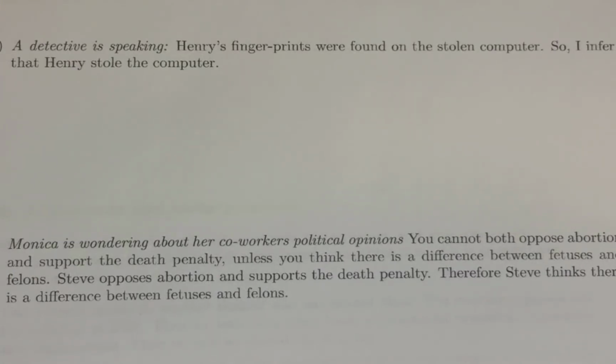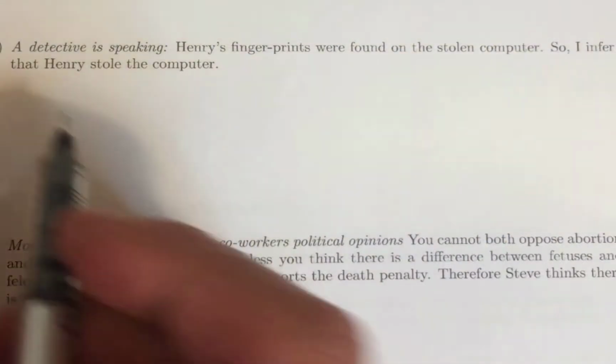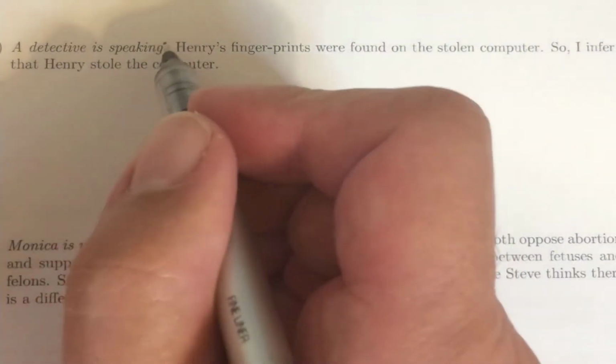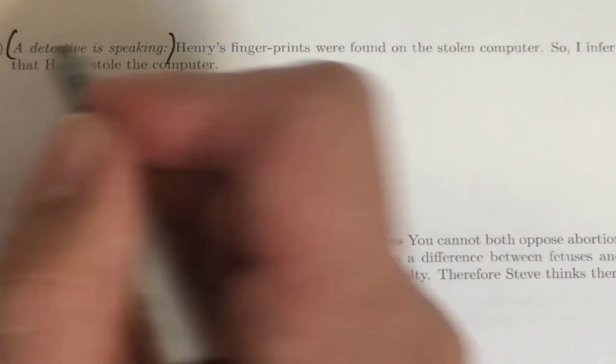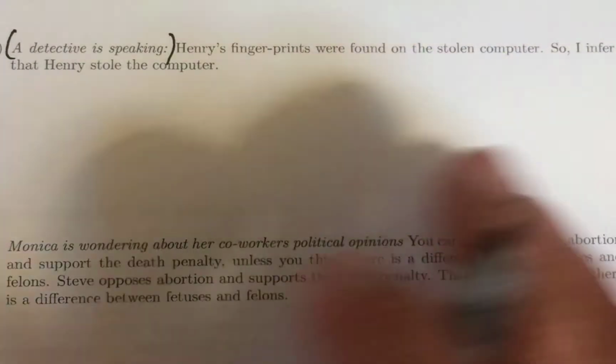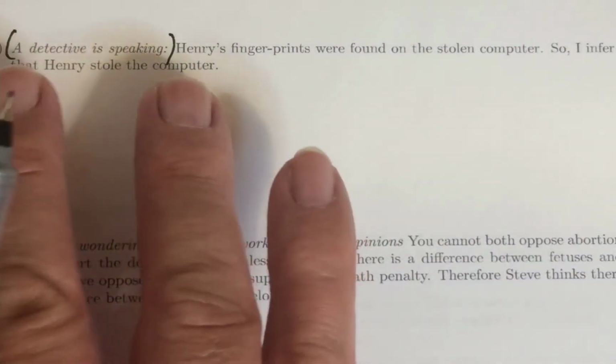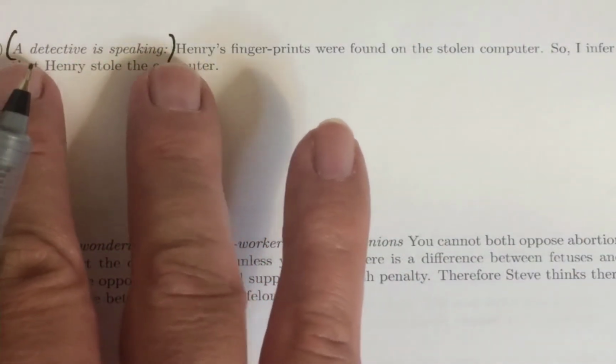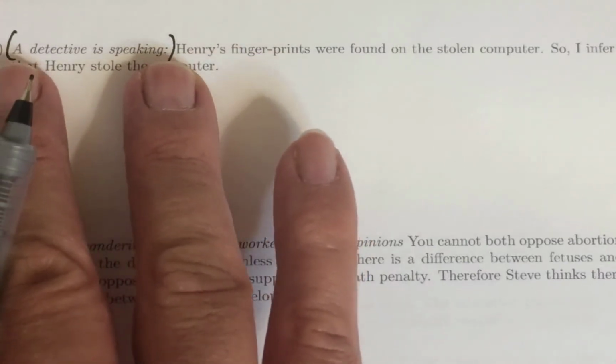All right, so the thing that you wanted to do here is just rewrite arguments in standard form. And I've just printed out the question sheet, and you're given these passages. First thing to remember is that the stuff in italics is the context. And whenever arguments are happening in the real world, the context is key. So often when I'm trying to be realistic, we'll have that italics passage there.